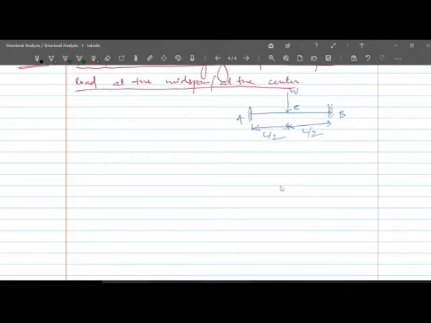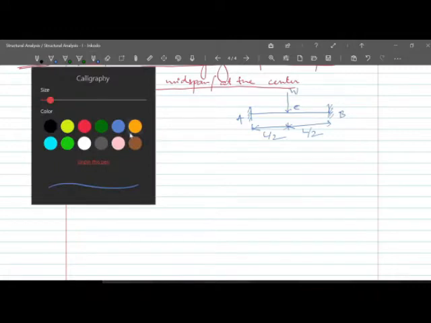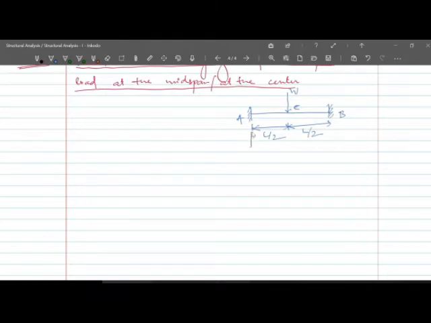So as I said, since it is a fixed beam, here we will have one reaction force, here we will have another reaction force, and here we will have a moment, here we will have a moment.